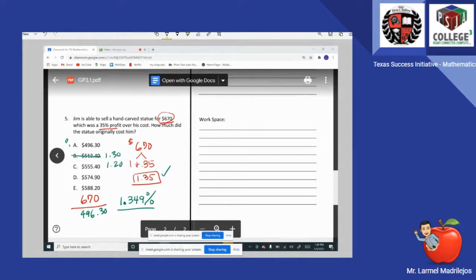Looks like whenever I go up, my percentage goes down. Let's try the last one. 670 divided by 588.20 is 1.39. So my answer is letter A. This answer is 1.349.